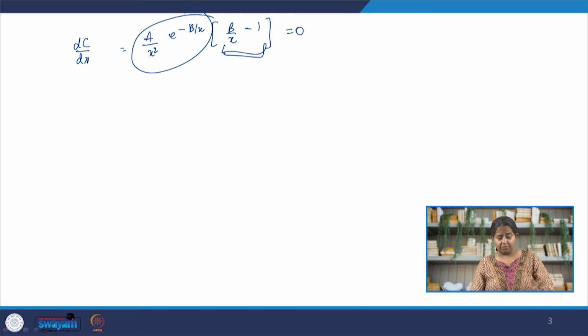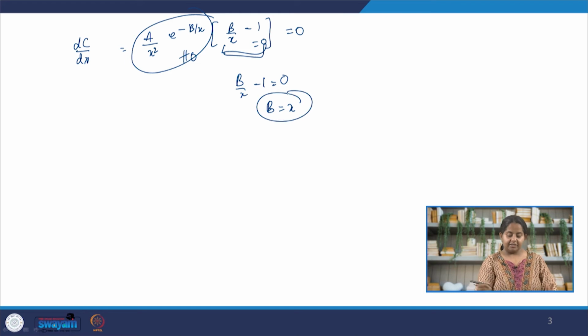So this is not going to be equal to 0, but this will be equal to 0 when B by x minus 1 is equal to 0, which means B is equal to x. Now we have figured out that dC by dx is equal to 0 when B is equal to x, only in one scenario. We have only one fixed point for this, and we know that that fixed point is going to be a maxima.